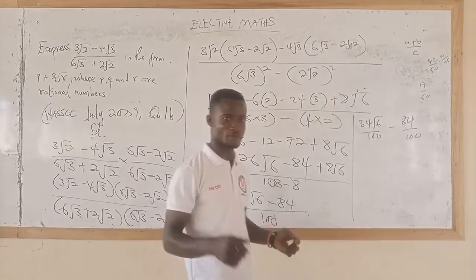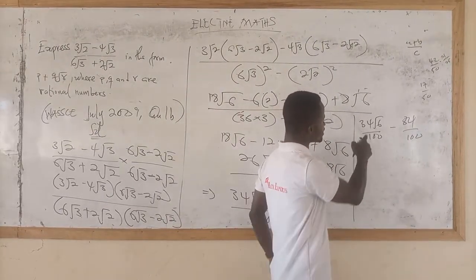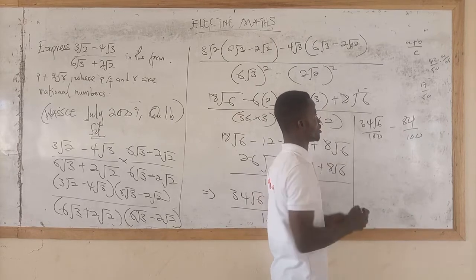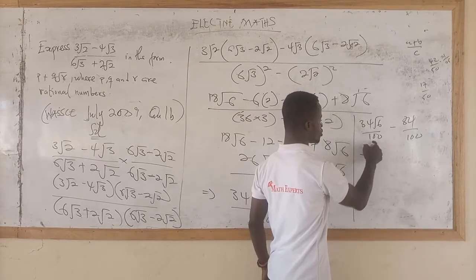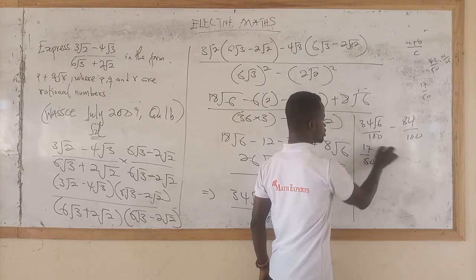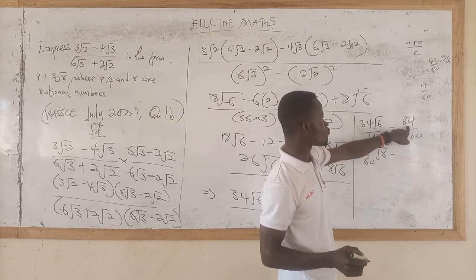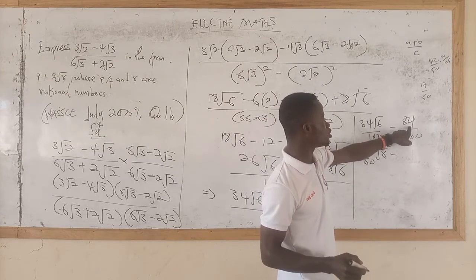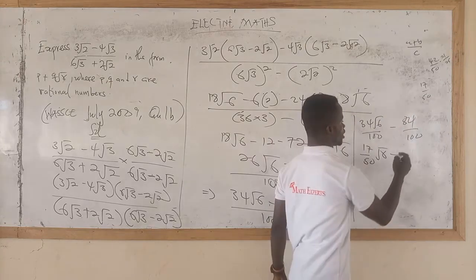Alright, make sure you try something on your calculator. So now with this, we are going to get the 34 over 100. 2 can go here. 2 goes here 17, 2 goes here 50. And it will be square root of 6 minus here 4. 4 can go into 84 and you're going to get 21.